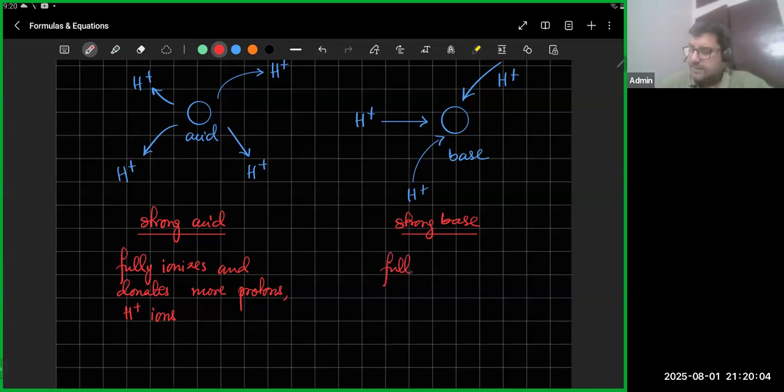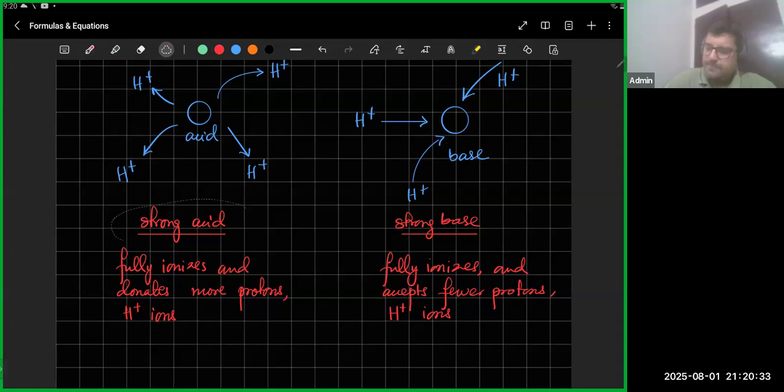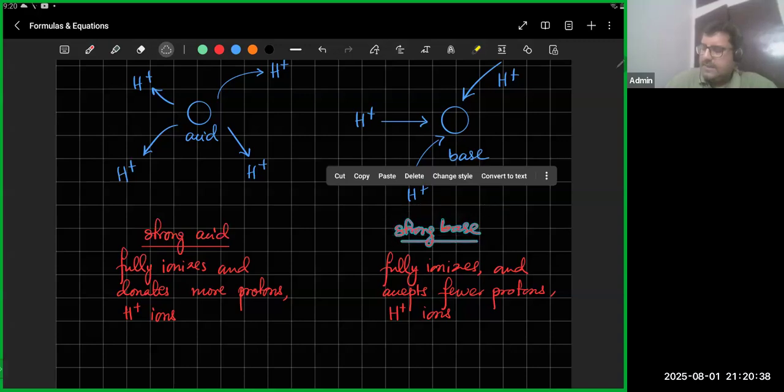Again, fully ionizes. यानी if it wants to gain as many H plus ions, it's going to do that, and accepts fewer protons, ठीक है, which are H plus ions. ठीक है, so that's a strong acid, strong base. ये clear है सारों को? Is this clear?